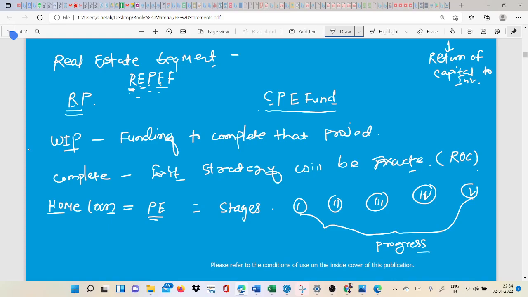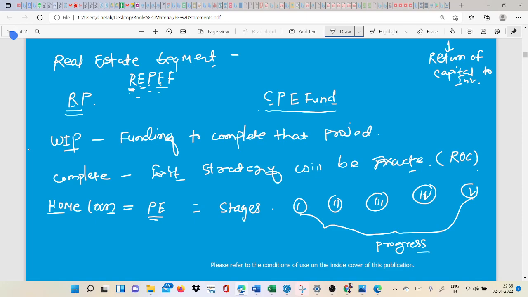So this is top up information for you, in case they raise questions on it. The way a home loan works, the same way they sign agreements with the respective builders or promoters, and provide funding to complete that particular project.